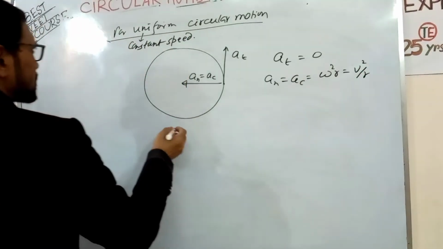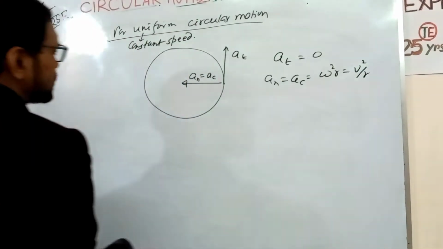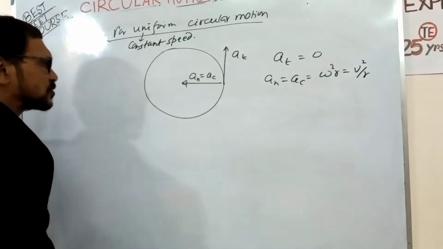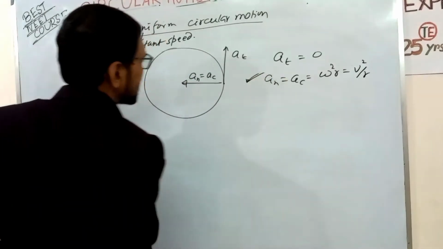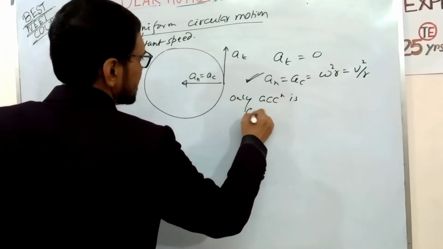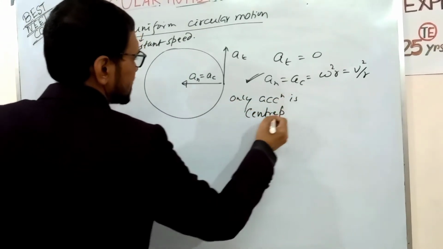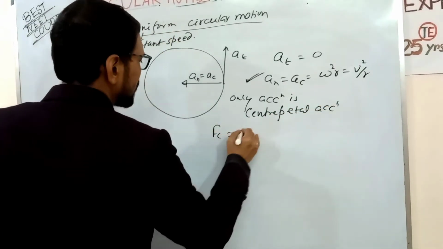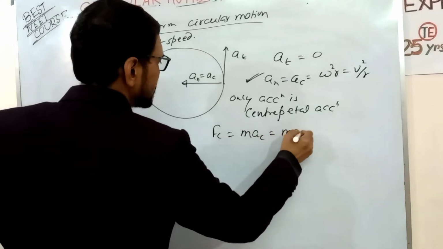So every circular motion has an acceleration. It may be uniform or non-uniform. So if the body has a uniform circular motion, then the only acceleration is centripetal acceleration. Now centripetal force equal to mass into acceleration, which is m v square by r.